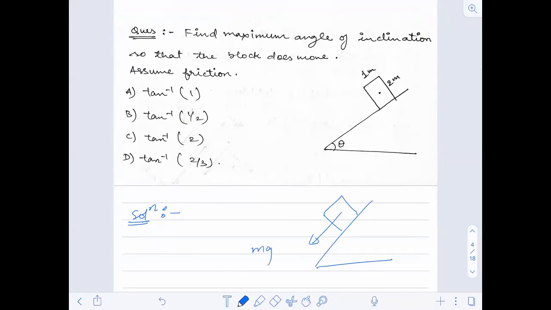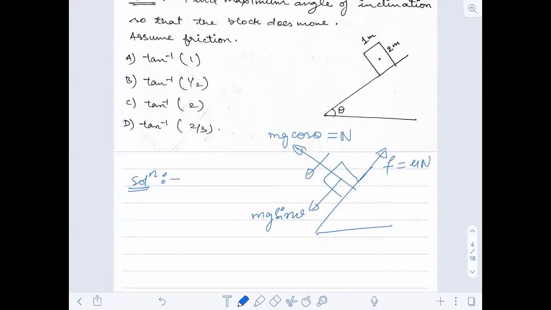The body moves down with some acceleration, and here I will have friction F equals mu N, where N is mg cos theta.